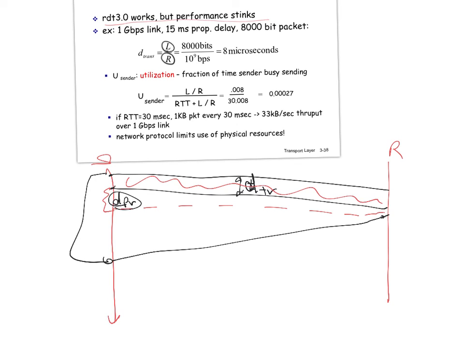But what is this time? This time is the transmission delay plus the propagation delay for the packet plus the propagation delay for the acknowledgement. Is that clear? So during this whole time, I utilize the channel effectively only for the duration of transmission.